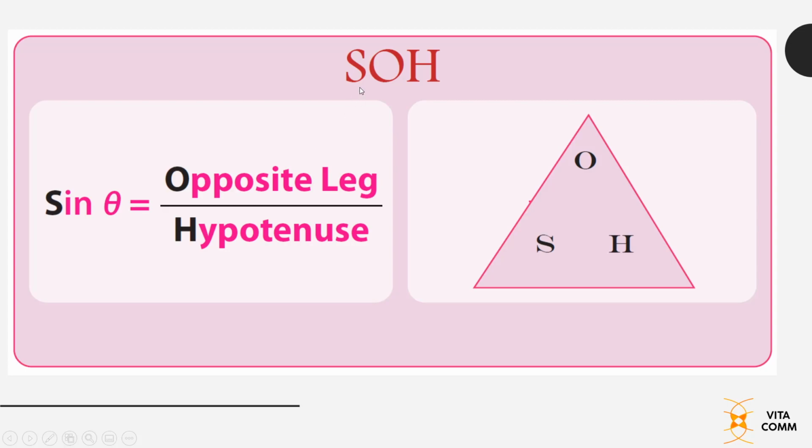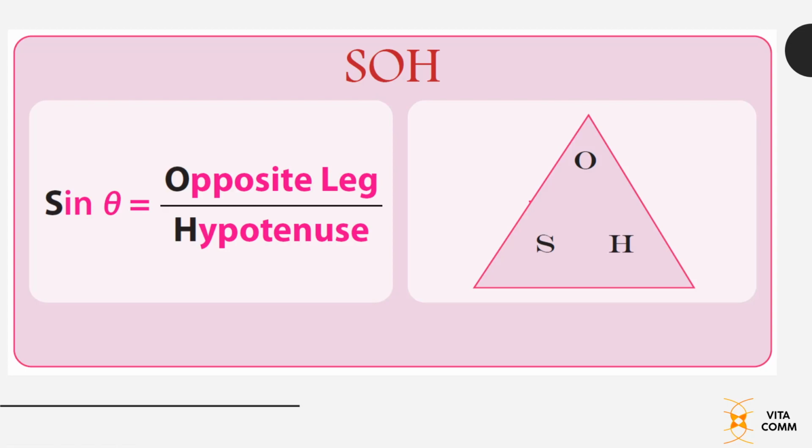And you can see that it's written in the order that we need it when applying the ratio. So sine is opposite first over hypotenuse. The ratio is not sine equals hypotenuse over opposite, but instead sine equals opposite over hypotenuse. Hence we have SOH.